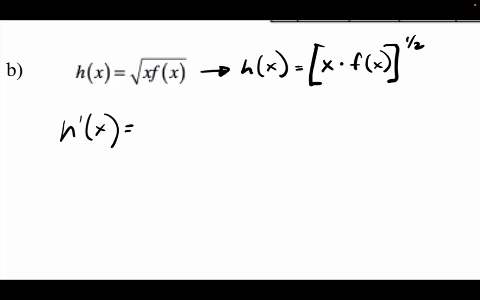So on the quiz, you guys had a problem like this. It was either x squared or x, I can't remember, minus x sine of x. And it said find the derivative. Not a lot, but some people miss this.